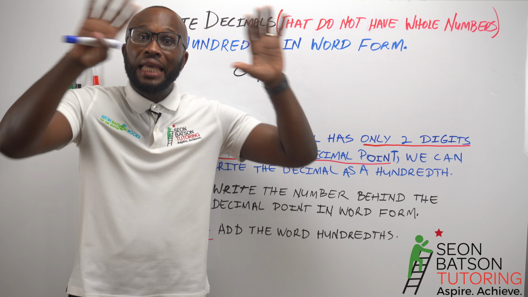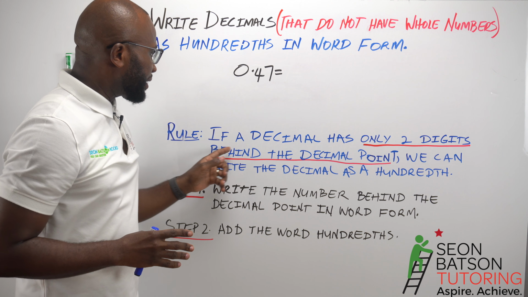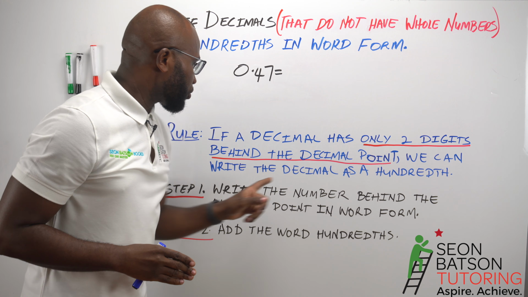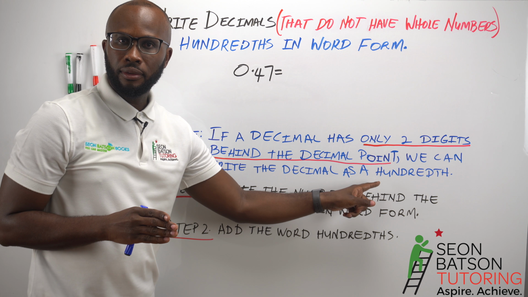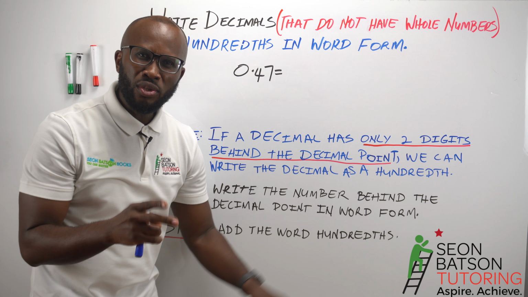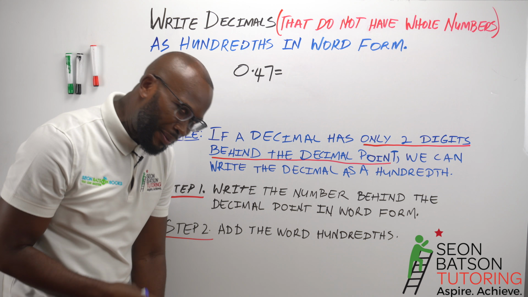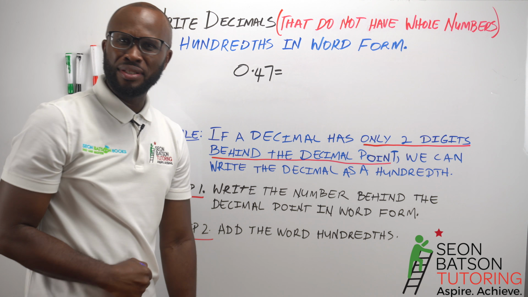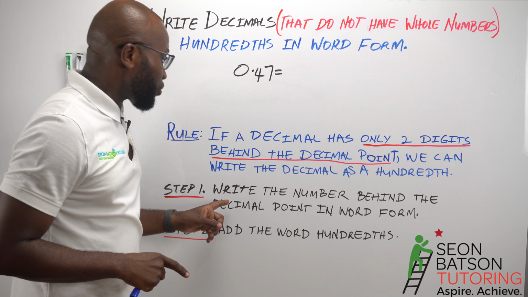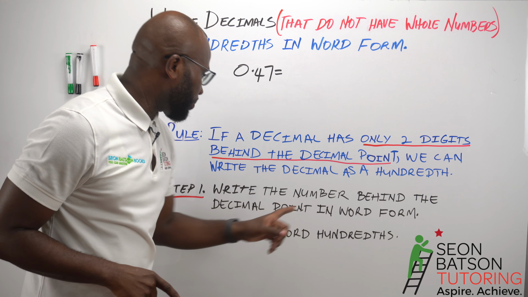The general rule is, if a decimal has only 2 digits behind the decimal point, we can write the decimal as a hundredth. We are going to use 2 simple steps. Step 1, we will write the number behind the decimal point in word form. Then, step 2, we are going to add the word hundredths. That's it. So far, so good? Perfect!